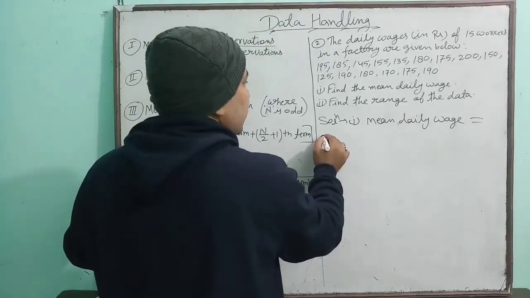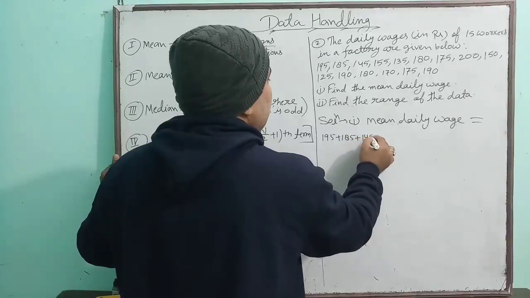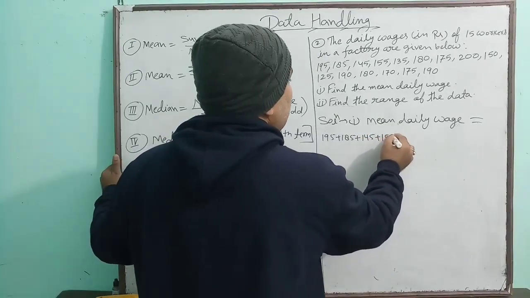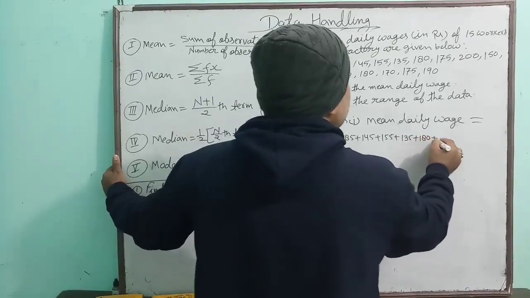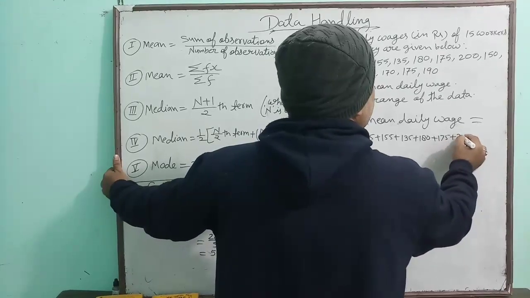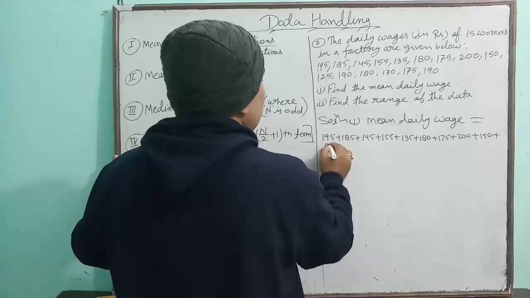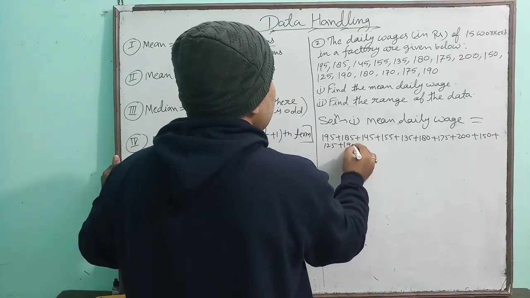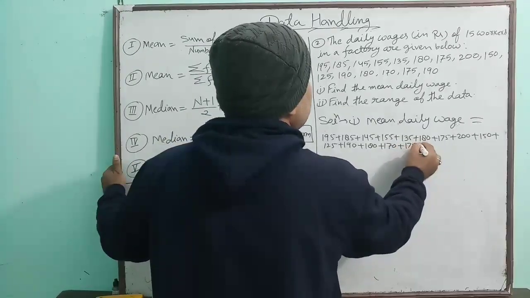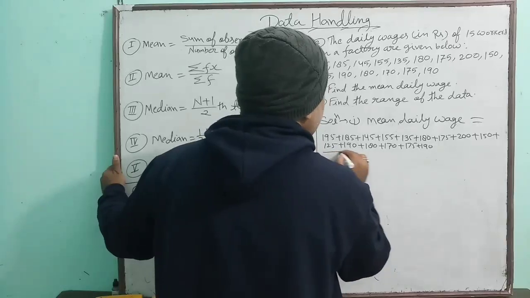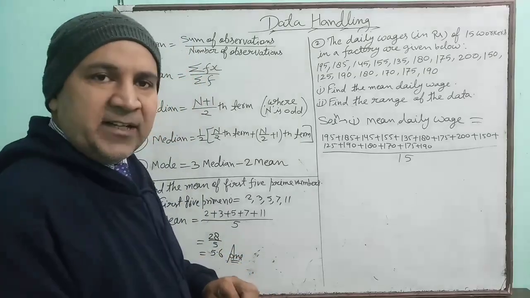So do it. 195 plus 185 plus 145 plus 155 plus 135 plus 180 plus 175 plus 200 plus 150 plus 125 plus 190 plus 180 plus 170 plus 175 plus 190 and whole upon 15, because there are 15 workers.